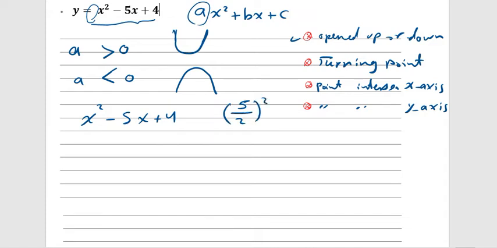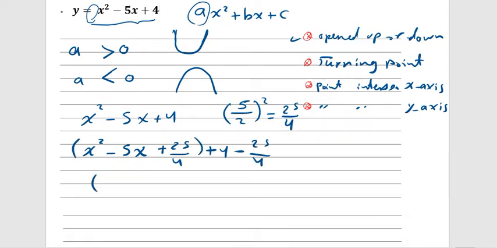There is another video in which completing the square is explained. It equals 25 over 4. This value will be added after the second term and subtracted after the last term. So it will be x to the power of 2 minus 5x plus 25 over 4 plus 4 minus 25 over 4. The first 3 terms will be in one bracket, and this bracket will be power 2.